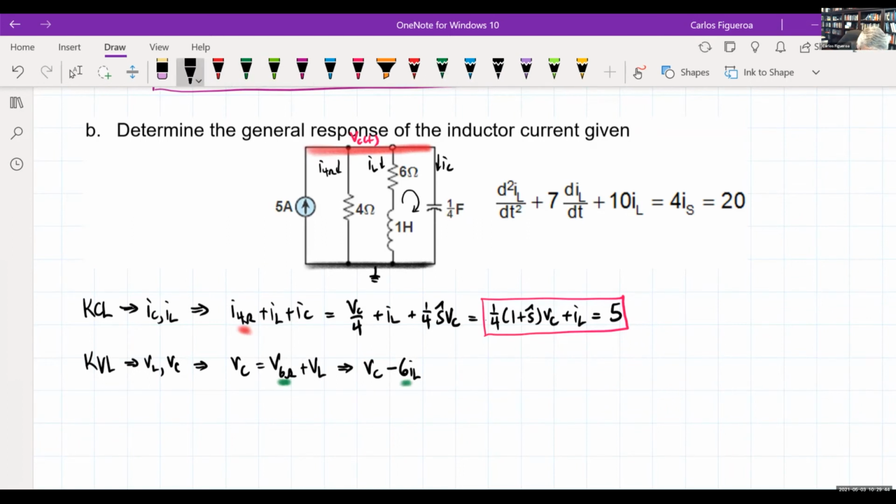The inductor here is 1 Henry, so this should be minus 1 times S IL. And note that all of this is equal to 0. So then I'm going to clean this up and combine the IL terms. So this should then equal VC minus (6 plus S hat) IL equals 0.